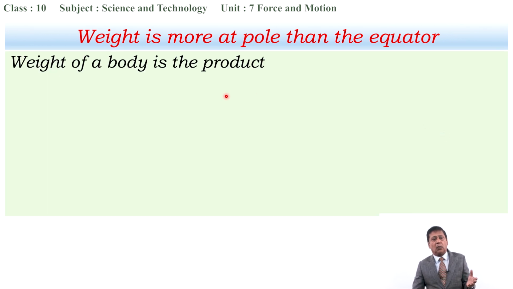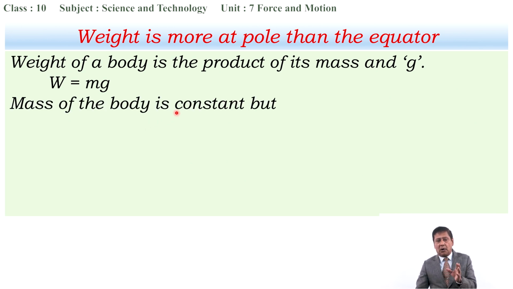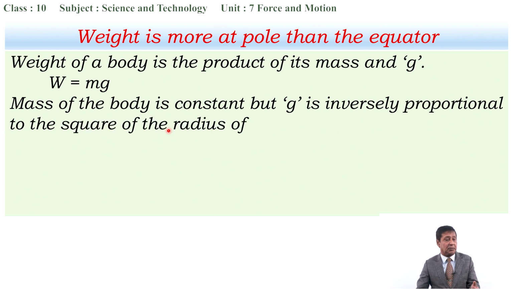The reason is that the weight of a body is the product of its mass and acceleration due to gravity, small g. We can write W equal to mg, and we know that the mass of the body is constant, but g is inversely proportional to the square of the radius of the earth.